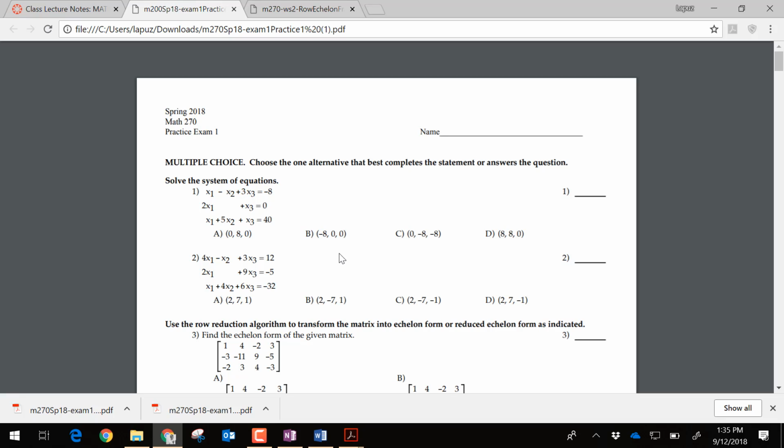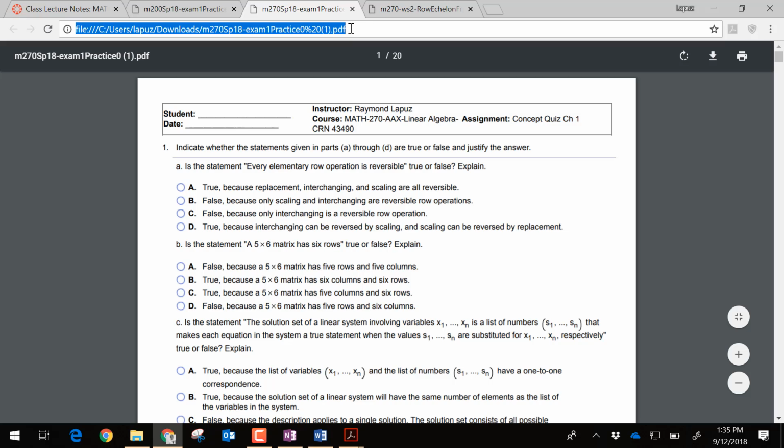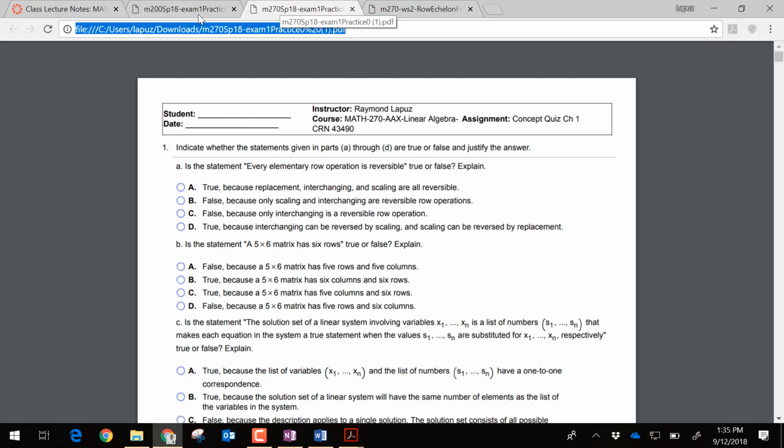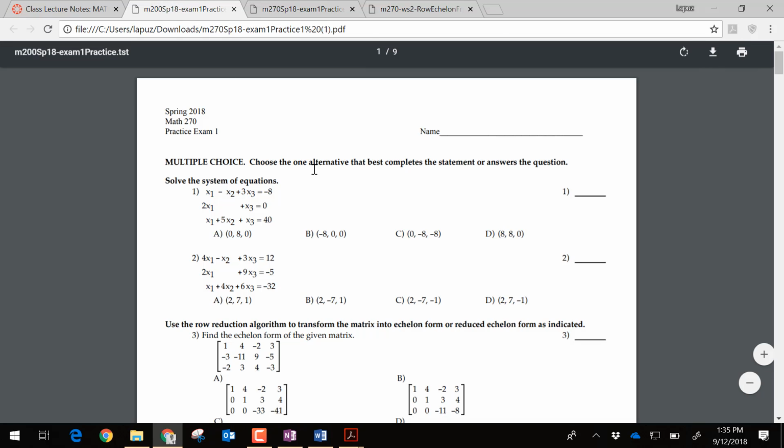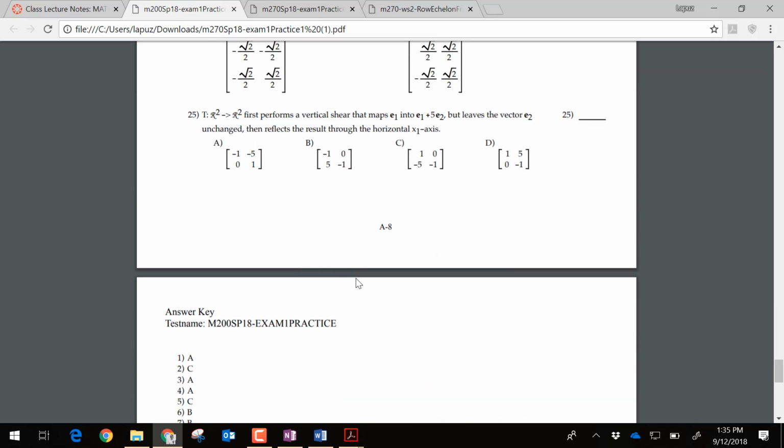All right, let's do some problems. Transformations, I think they're towards the end here.